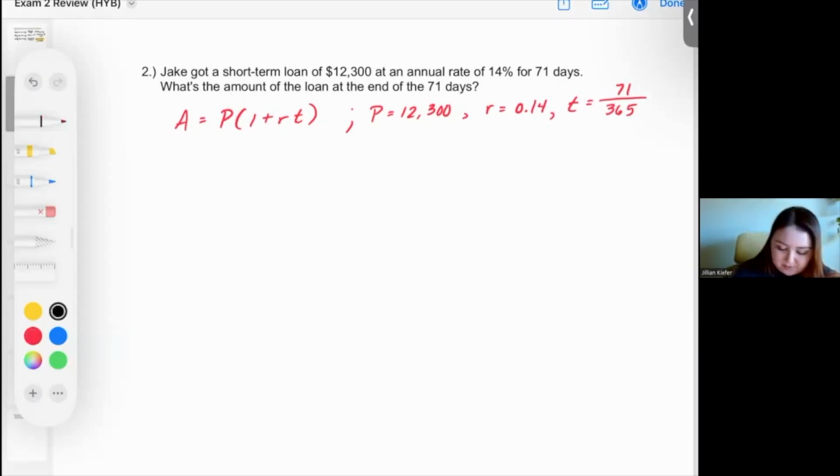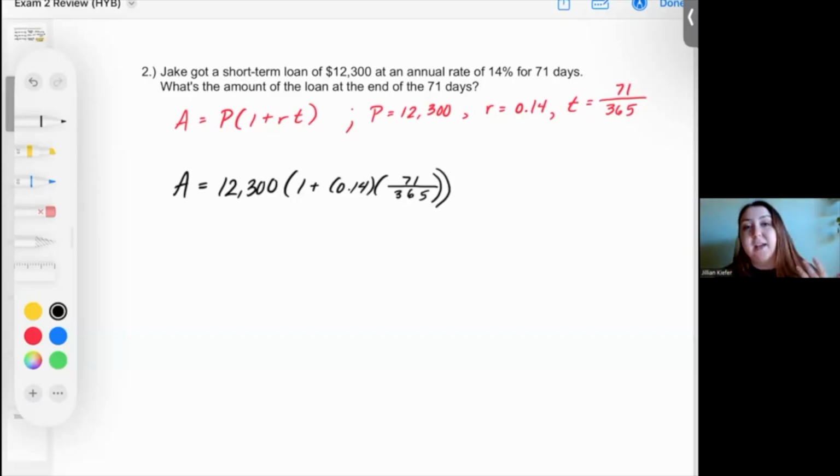So we can go ahead and fill in all of our values that we know. Our amount at the end of the 71 days should be equal to 12,300 times 1 plus our rate, 0.14, times our time, 71 divided by 365.